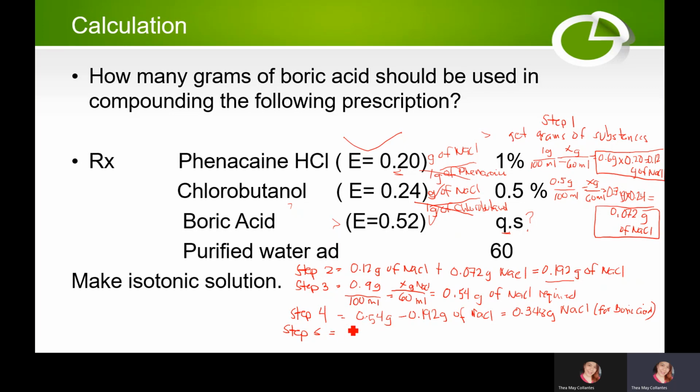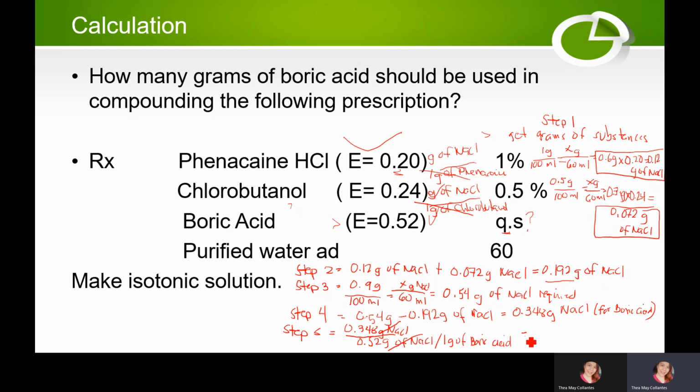What we should do is take the remaining 0.348 grams of NaCl to be converted to boric acid, divided by 0.52 grams of NaCl over 1 gram of boric acid. Again, do not forget the unit. So what will happen, guys? You will cancel this out, and you will be left with the boric acid unit.